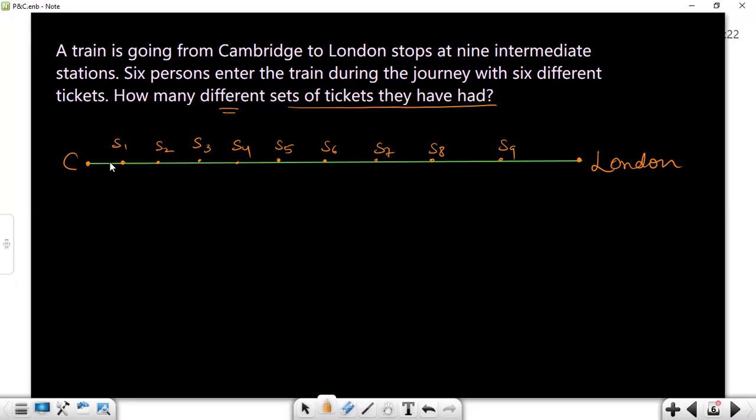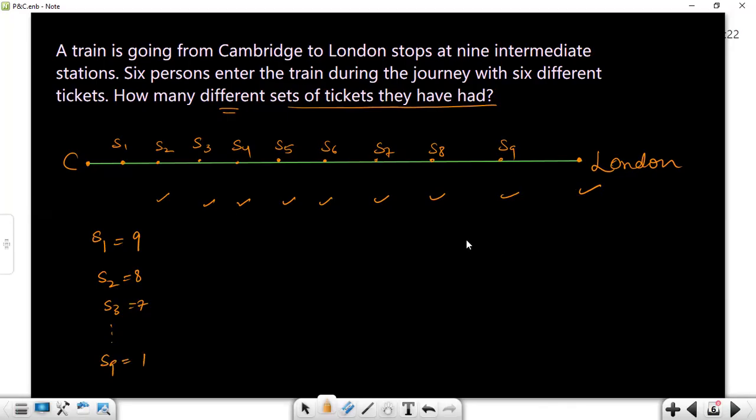It's simple. Ahead of S1, there is 1, 2, 3, 4, 5, 6, 7, 8, 9 stations available, including London. Yes? Yes, sir. Yeah. So for S1 station, there are 9 stations. For S2, there are 8. S3, there are 7. Similarly, for S9, there is the last station available, that is London.